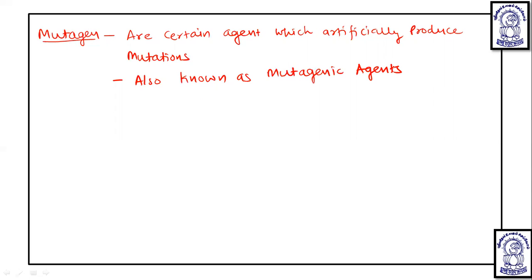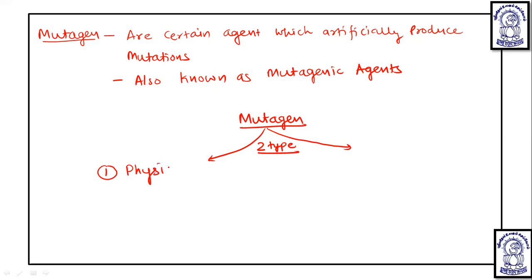Now, these mutagens are of two types. Number one, physical mutagen.